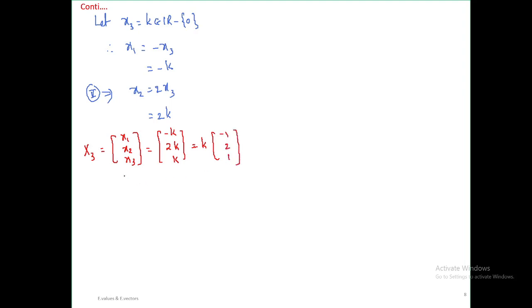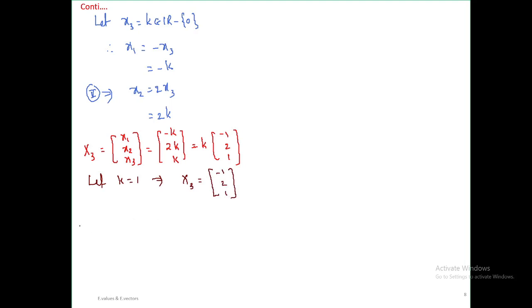So let k be equal to 1. You can take 2 also, or minus 1, no problem, your wish. If you take big numbers, the calculation becomes very lengthy, so let us take a small number, just 1. Then the third eigenvector, if k is 1, is minus 1, 2, 1. So we got all the eigenvectors.